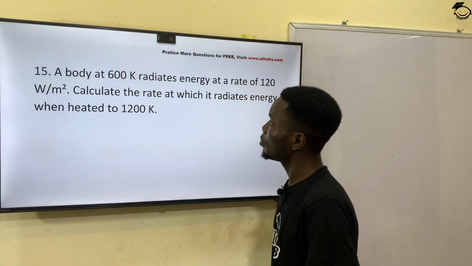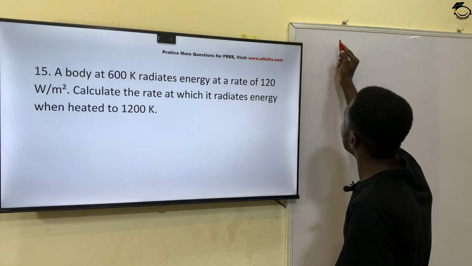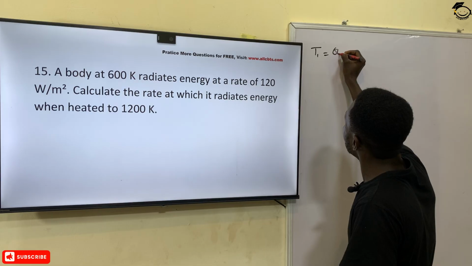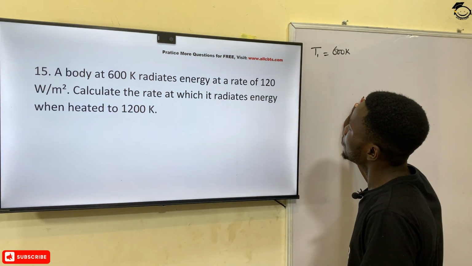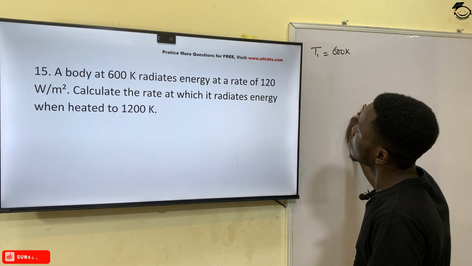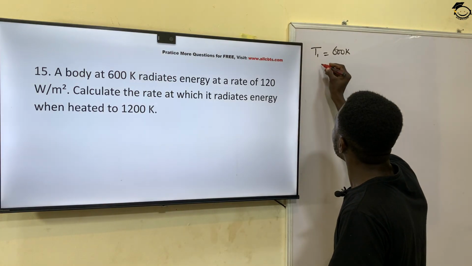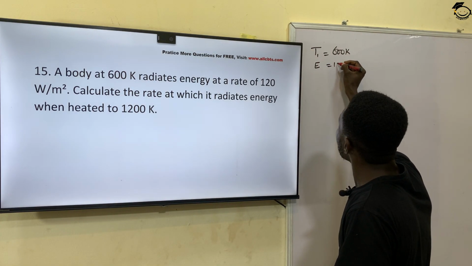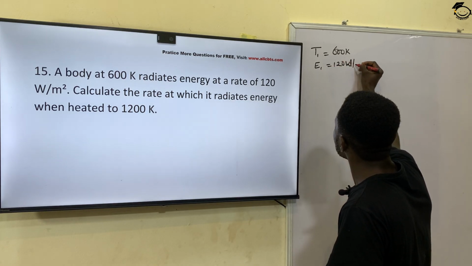It says a body at 600 Kelvin. So we have the first temperature here, T1, at 600 Kelvin. It radiates energy at a rate of 120 watts per meter square. So we have the energy as 120, let's say this is E1, 120 watts per meter square.